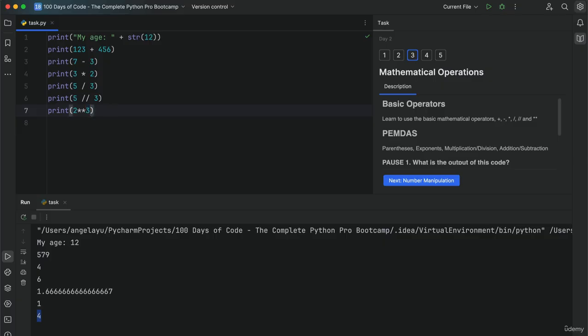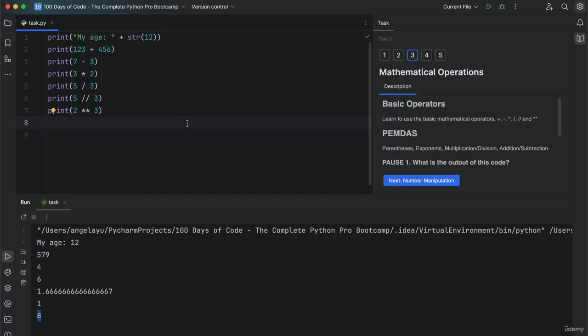Now, if I change this to 2 to the power of 3, then that's going to be 2 times 2 times 2. So that should be 8, and so on and so forth. Having the exponent being built into the language is one of the reasons why Python is really loved by a lot of data scientists and mathematicians, because it's really optimized towards manipulating and handling numbers.